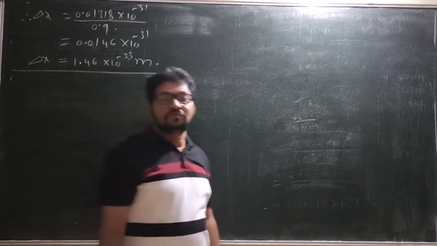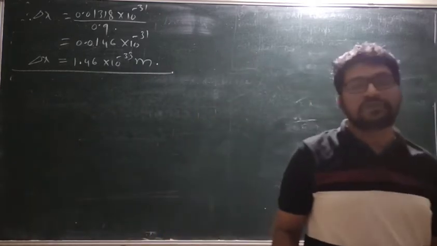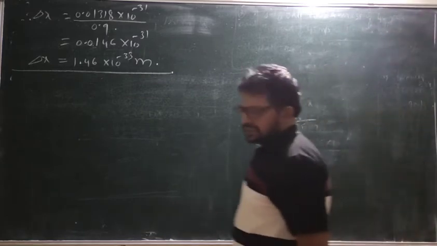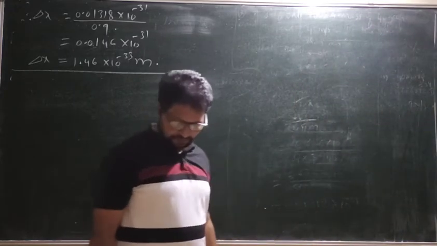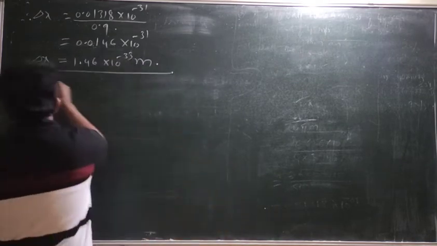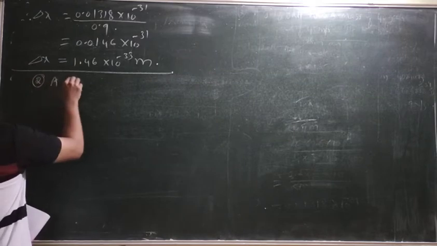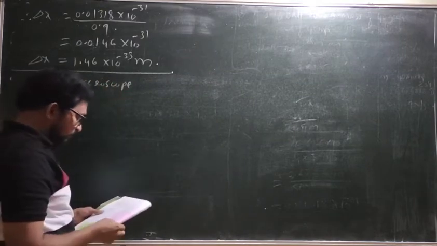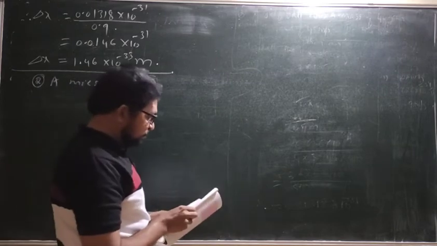See, let us work out one more problem on Heisenberg's uncertainty principle, or else I will write the problem and we can work out also. Note this problem. A microscope using suitable photon.